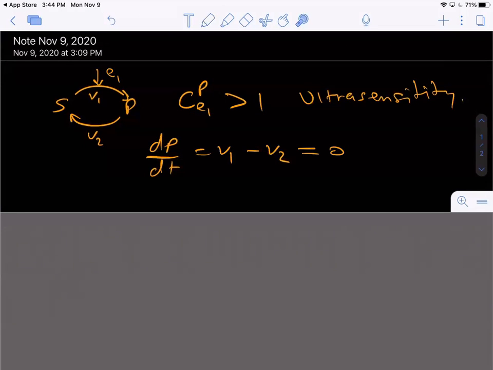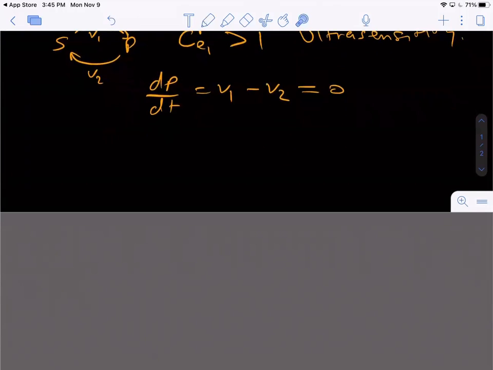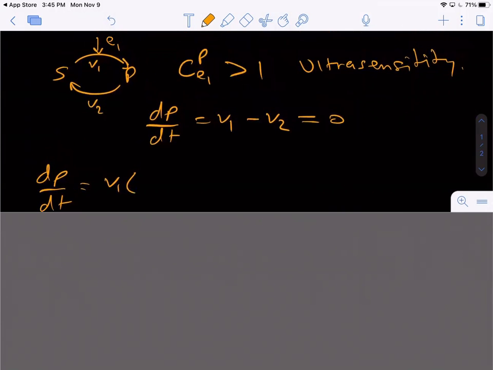The first thing we need to do is expand V1 and V2, which is pretty straightforward. So dP by dt equals V1, and I have to write down what V1 is a function of. V1 is a function of E1.